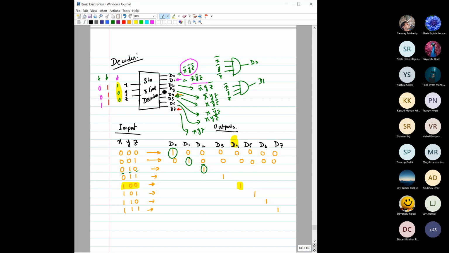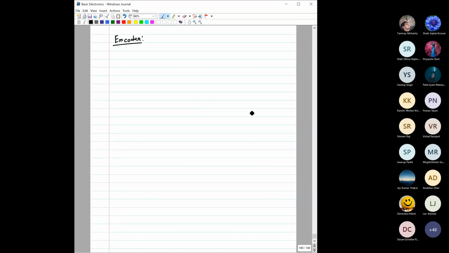So it is the opposite operation of the decoder. You just flip it: this now goes to the output side, and this now comes to the input side. So let us see that. It's pretty easy only.